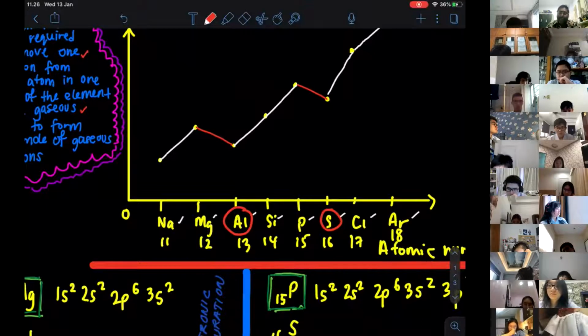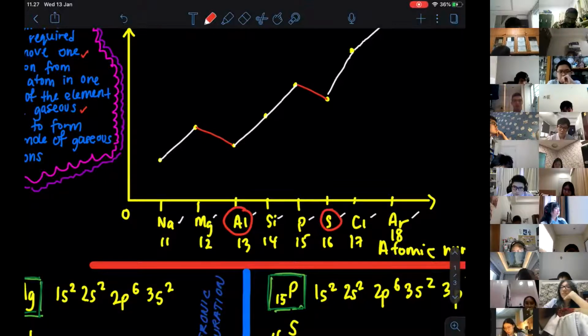That's why your atomic radius becomes smaller across period 3. The same thing applies: if I want to remove one electron, it's going to be difficult across period 3, because the nucleus holds the electrons closer. So I am going to spend more energy to remove the electrons. That's why generally the trend will increase.